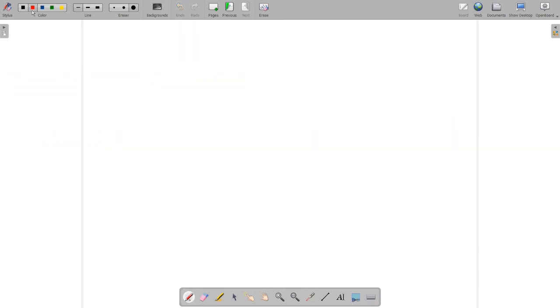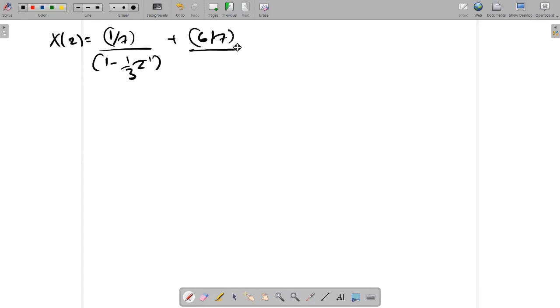X of z is 1 by 7 over 1 minus 1 by 3 z inverse plus 6 by 7 over 1 plus 2 z inverse. If I write this as right sided and this as left sided, let us see what happens. Okay, inverse Z transform, what is going to happen?